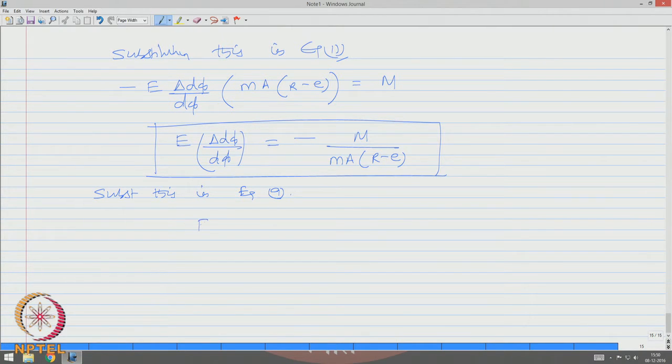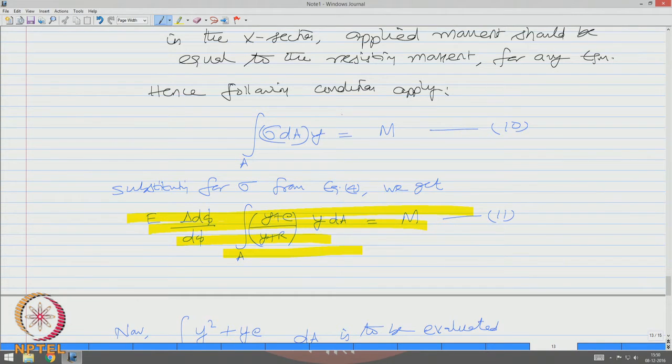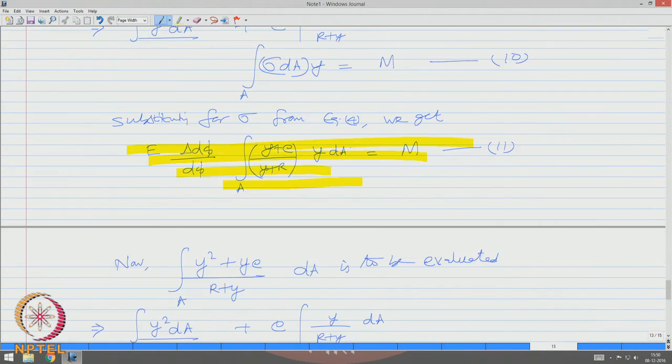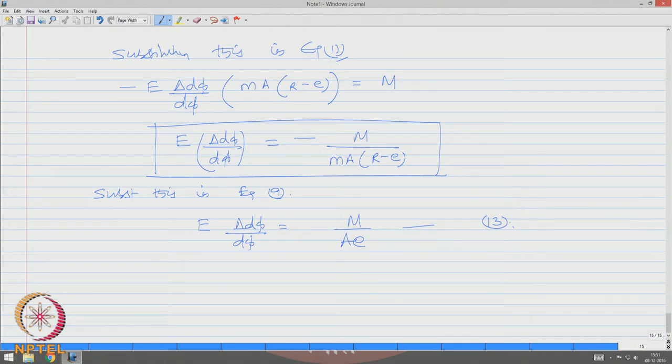So, let us say E delta d phi by d phi is actually m by E, because E is actually m by m minus 1 into r. Call this equation number 13, because m is equal to minus E by r minus E. Substitute for this, you will get equation 13.